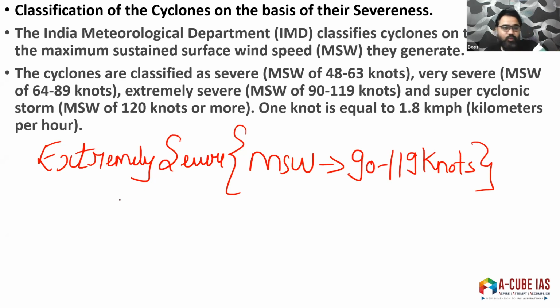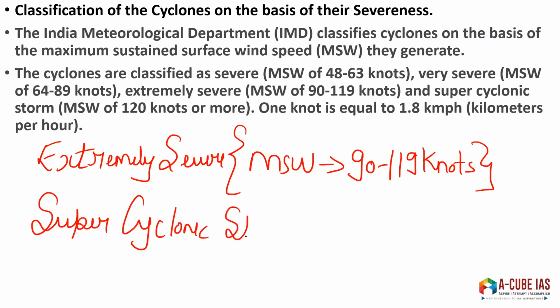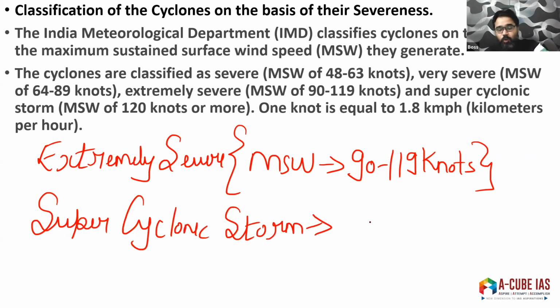Next comes the super cyclonic storm. With a super cyclonic storm, the destruction is going to be unbelievable. That means an MSW of over 120 knots.